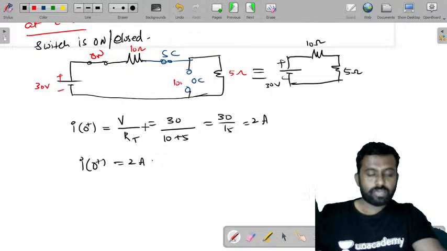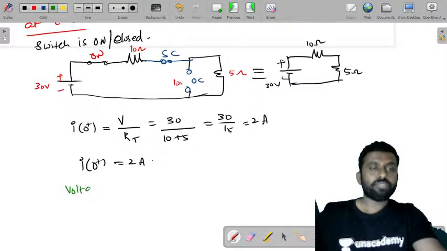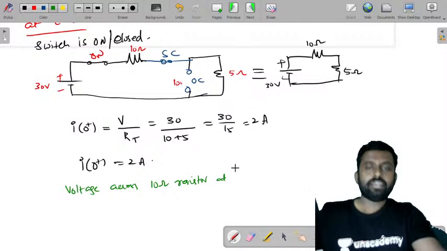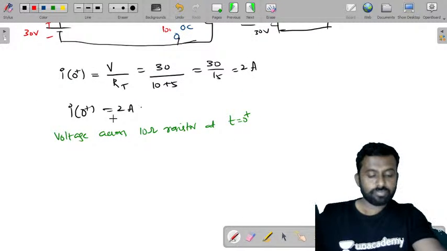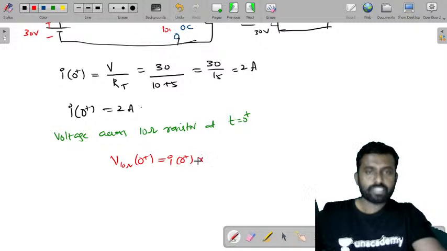Now let's try to find the voltage across the 10 ohm resistor at t0 plus. The voltage across the 10 ohm resistor at 0 plus is equal to I of 0 plus into resistance.